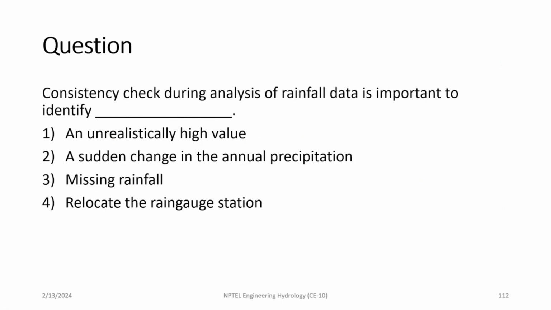Now again the question is, you may be familiar with the word consistency check. Sometimes whenever we install the rain gauge in the field, there may be disturbances from, you can say, wind.